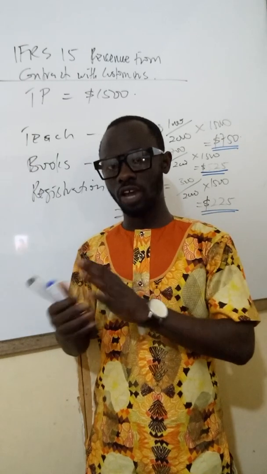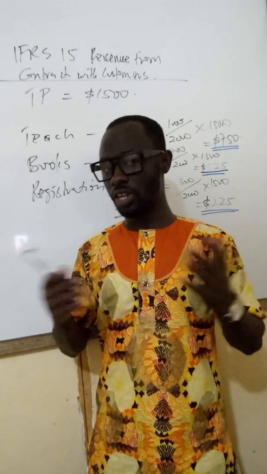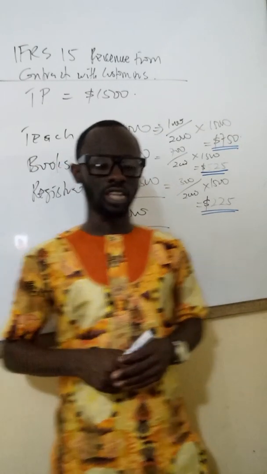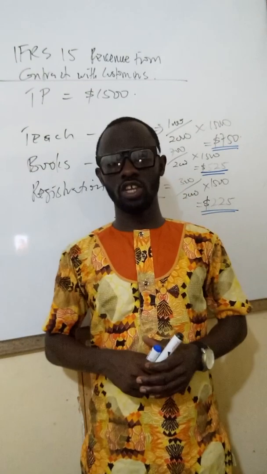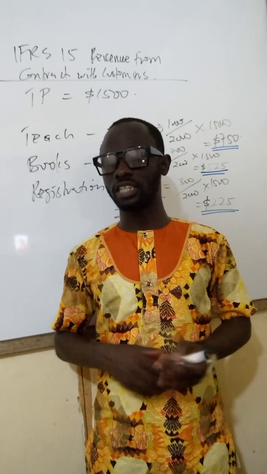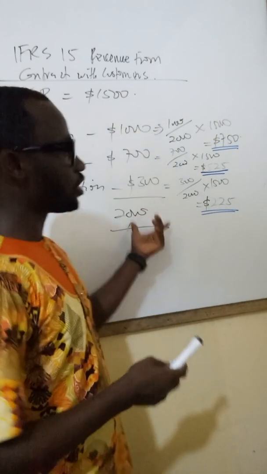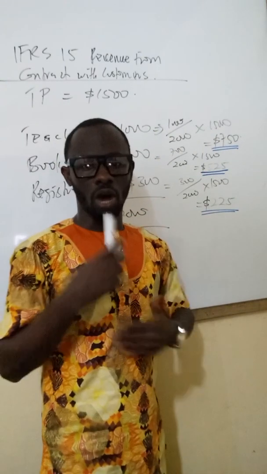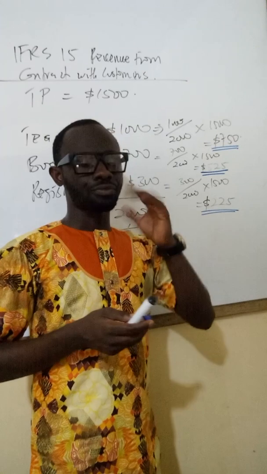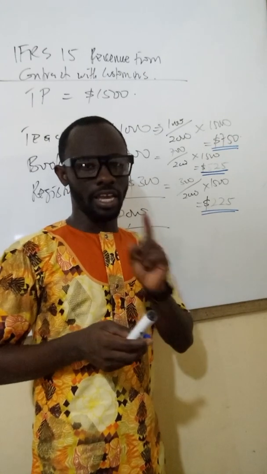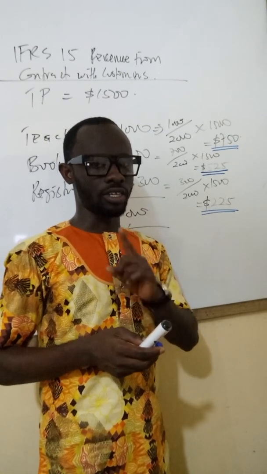Then we came to the determination of the transaction price, and in the just ended video we saw how we allocate the transaction price, and I illustrated it on the board here. So I want to go over that again so that we do the fifth one, and that will be all for this accounting standard.